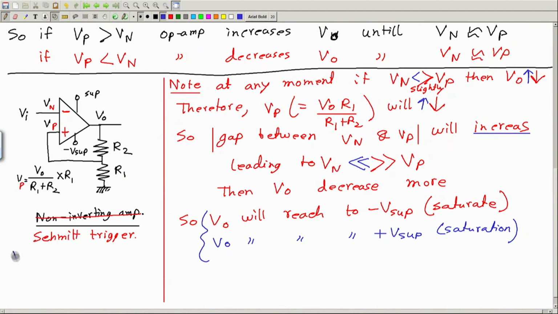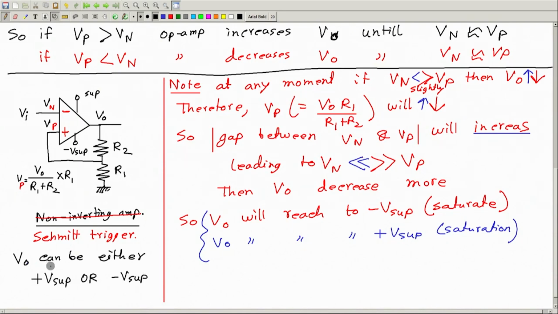So Vo can be either plus V supply or minus V supply. That's the only two stable values that the output can take.